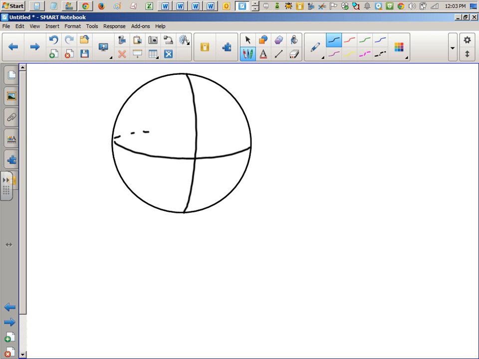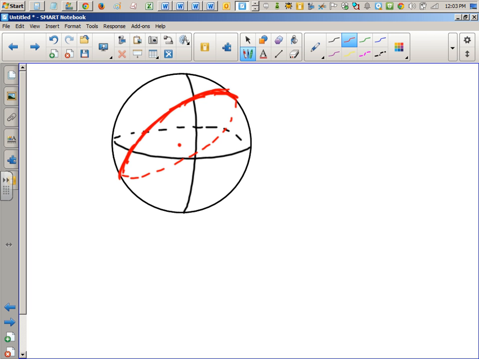Okay? When you try to draw lines on a sphere, you're actually supposed to draw them in such a way that they encompass the center of the sphere as the center of your drawing. So basically, a straight line on a sphere is defined as that. So that would be, for example, a straight line on a sphere.